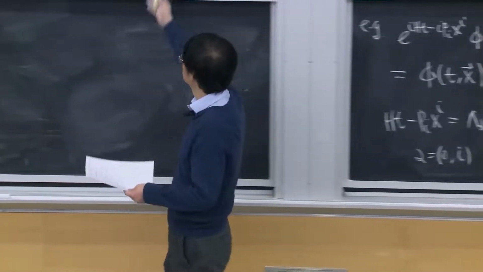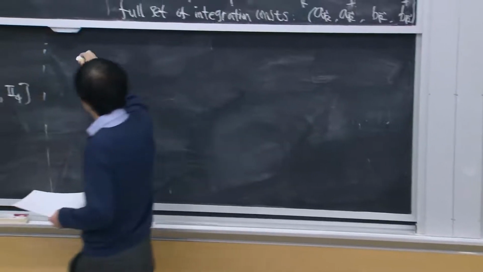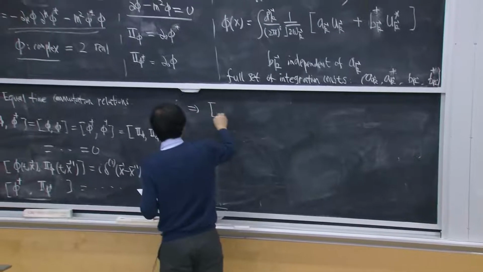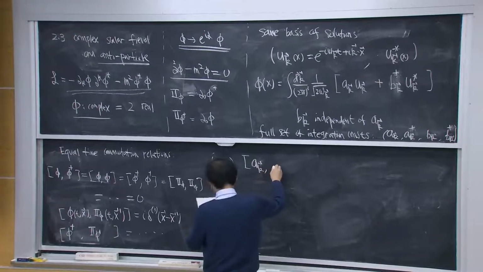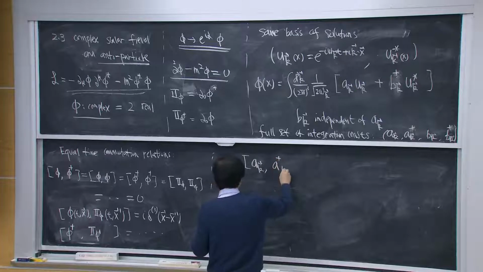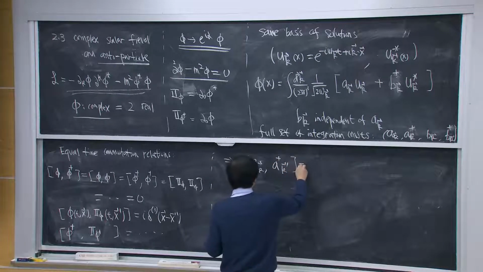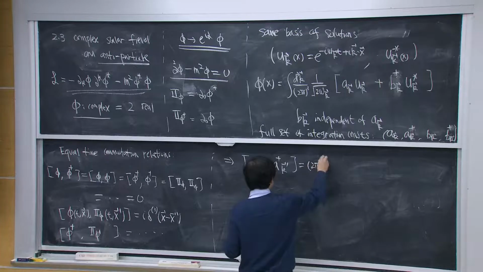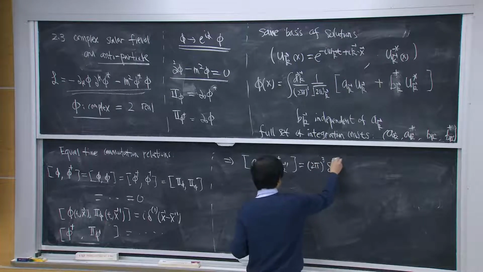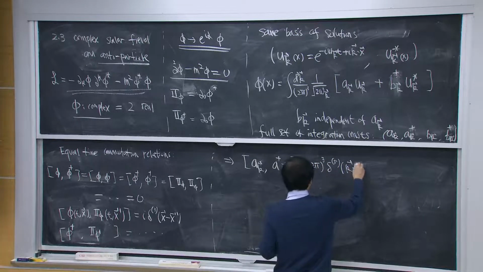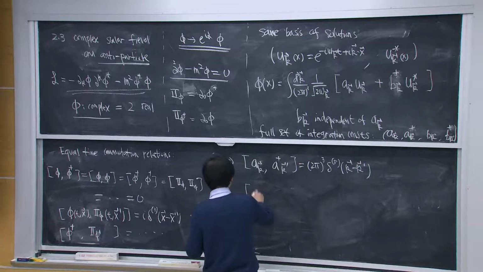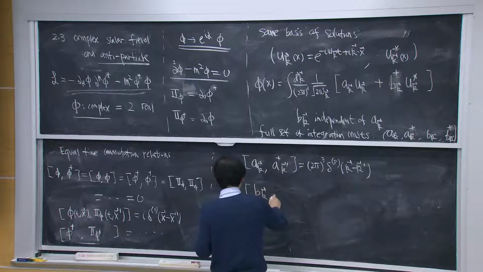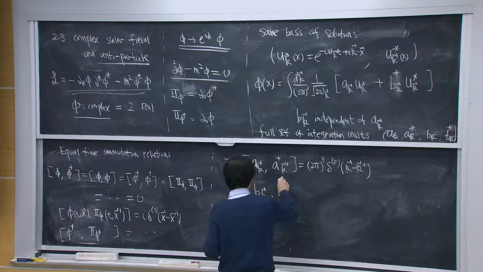Now if you plug those things in, you can find the commutation relation between A and A dagger, and similarly with B. You just get two infinite families of harmonic oscillators.